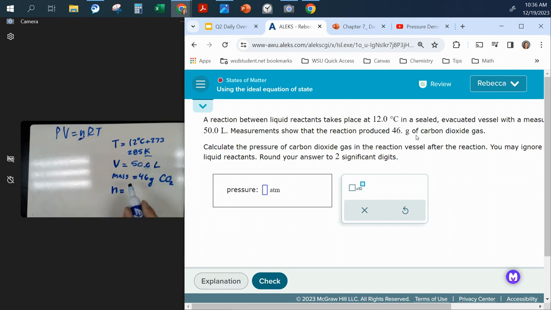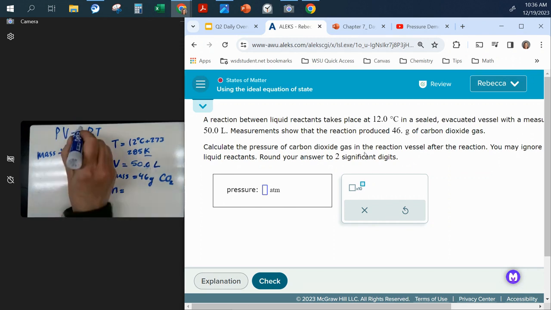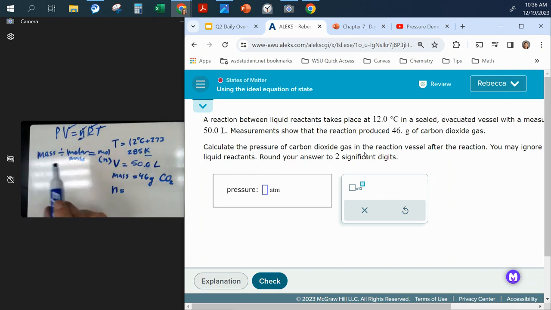So we need to take our mass, divide by molar mass, and that will give us moles, which is the value that we want. Okay, so we're going to find n. R is always the same. We have T, we have volume. We're looking for pressure. So here I'm going to divide by volume, and that will give me the pressure.